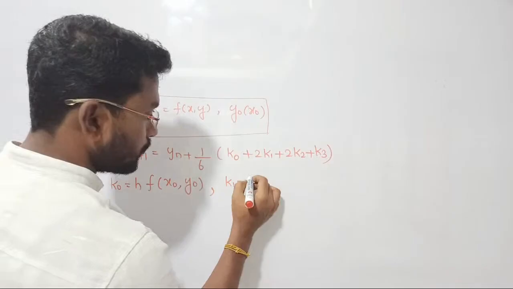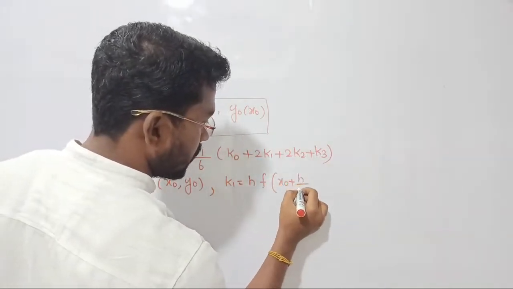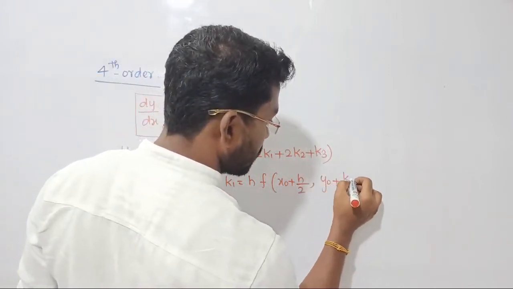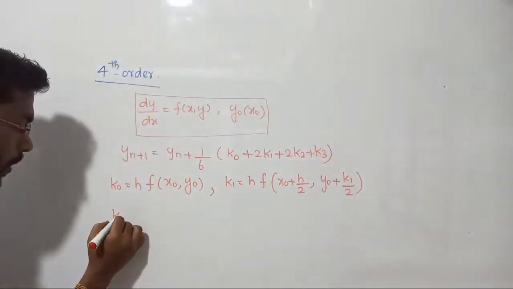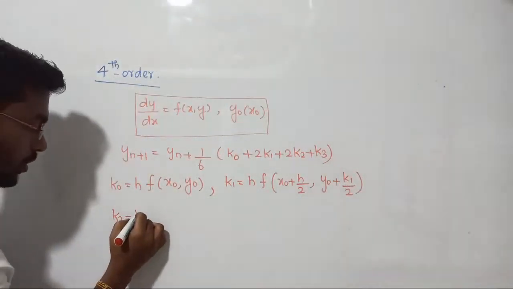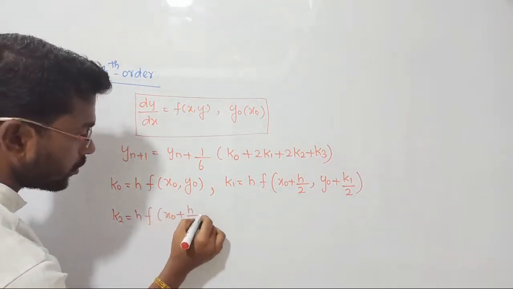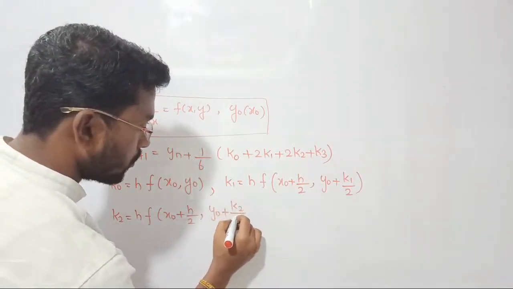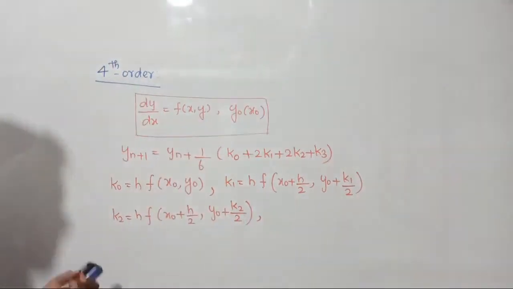k1 equal to h into f of x naught plus h by 2 comma y naught plus k naught by 2. Next, k2 is equal to h into f of x naught plus h by 2 comma y naught plus k1 by 2. You can find the similarity between the formulas in second order, third order, fourth order.